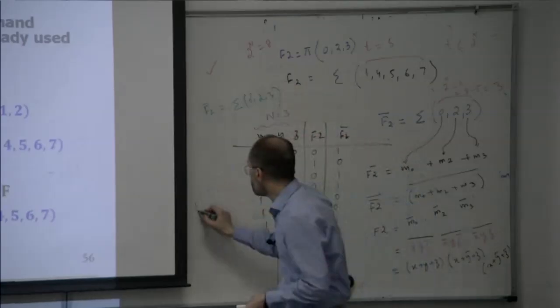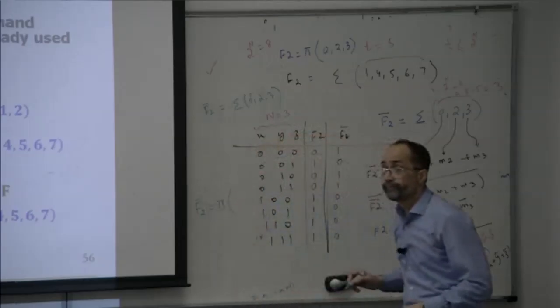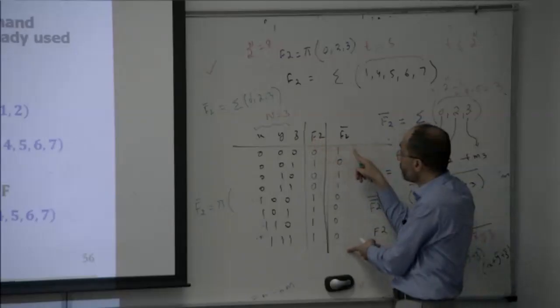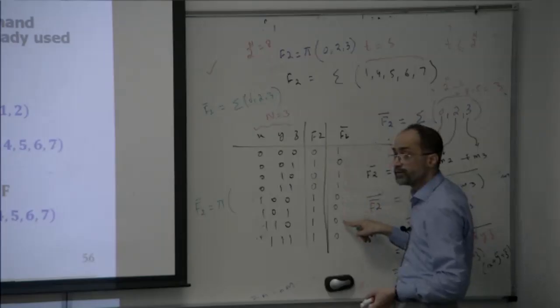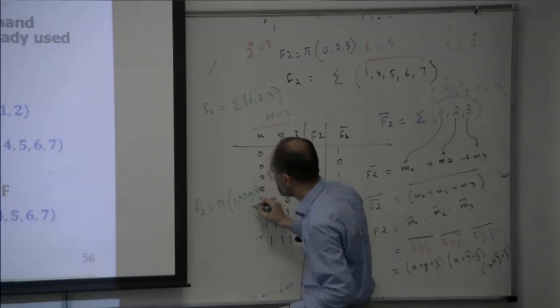And how do we write f2 bar in the form of pi? In the form of pi, f2 bar, not f2, f2 bar in pi. 1, 4, 5, 6, 7.